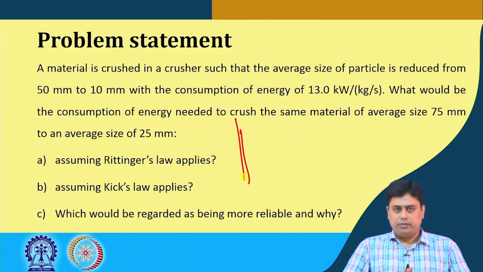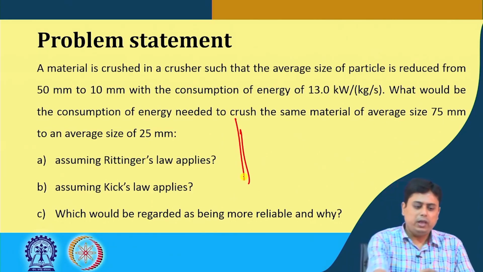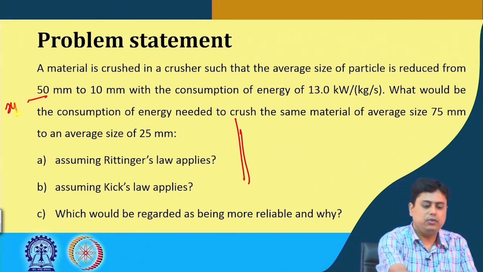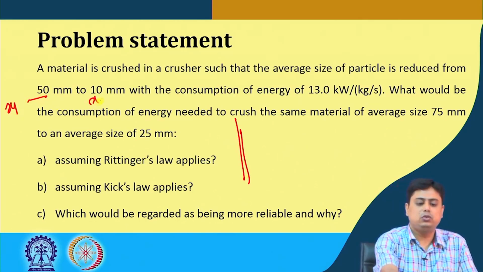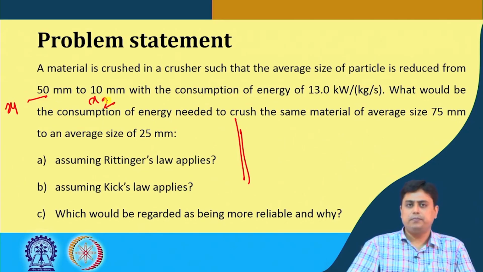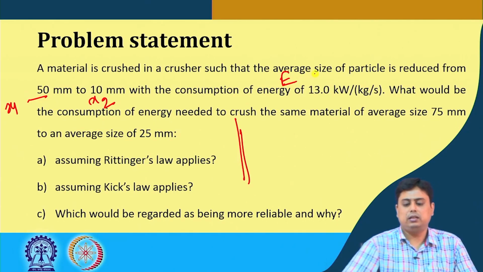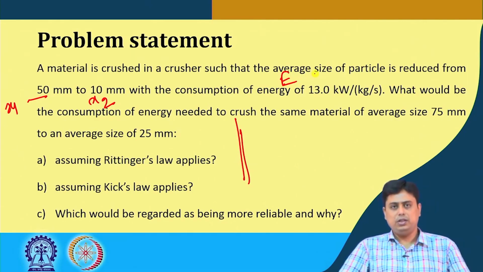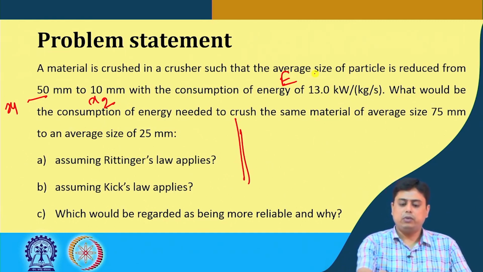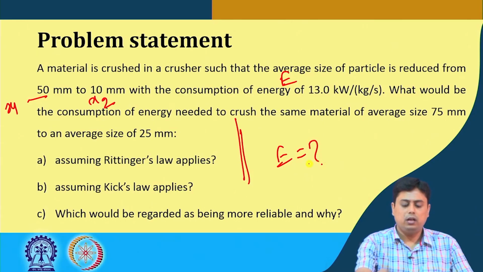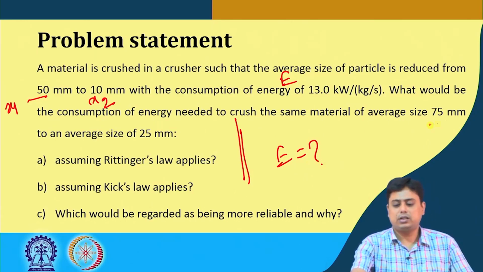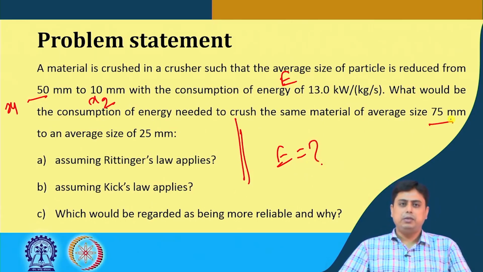The problem is very much straightforward. We have x1 as 50 millimeter and x2 as 10 millimeter, and for this the energy requirement E is 13 kilojoule per kg. If that is so, what is the energy requirement when this size reduction is from 75 millimeter to 25 millimeter?